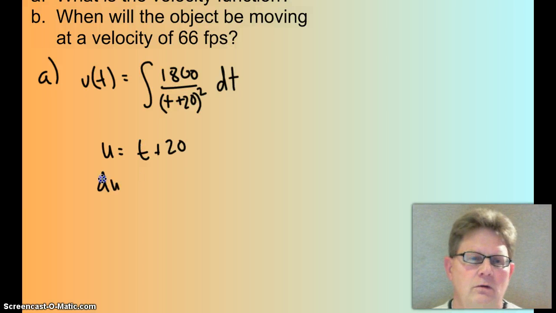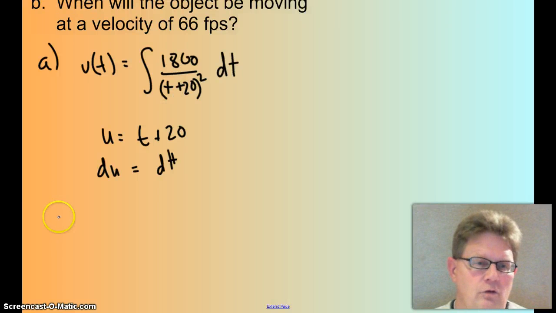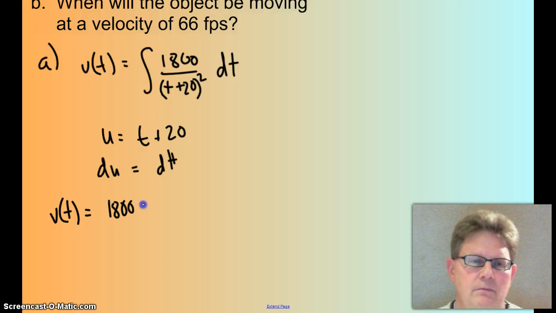So du equals dt. That's actually a pretty easy substitution, isn't it? But that will simplify the denominator there. So we're going to have v of t equals 1800 times the integral of 1 over u squared du.